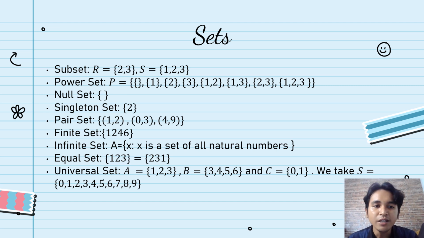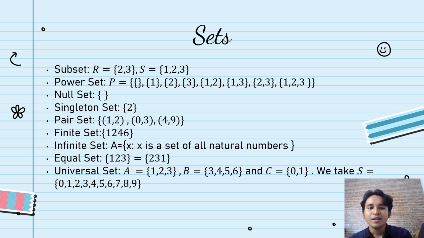Next is infinite set. A set having an infinite number of elements. A set where counting the elements is impossible is called an infinite set. Example, like a set of all points on the arc of a circle.